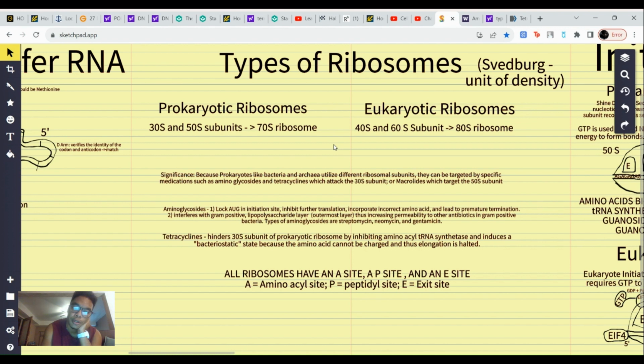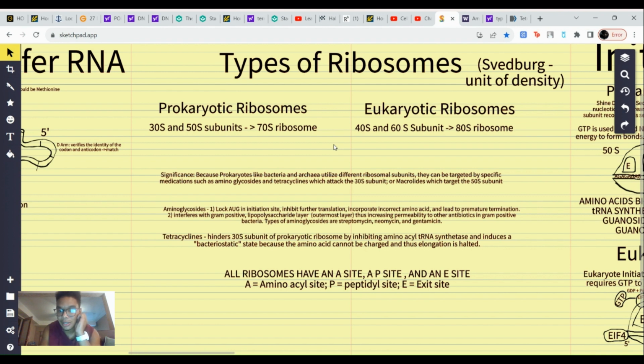It's either blue or purple. I'm not sure at the moment. I can look into that too. But if it's gram-positive, aminoglycosides interfere with that lipopolysaccharide layer and increase the permeability. It's usually used in an antibacterial cocktail because it increases permeability to other antibiotics in gram-positive bacteria.